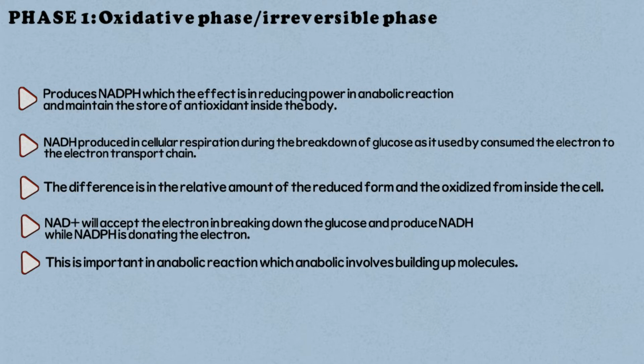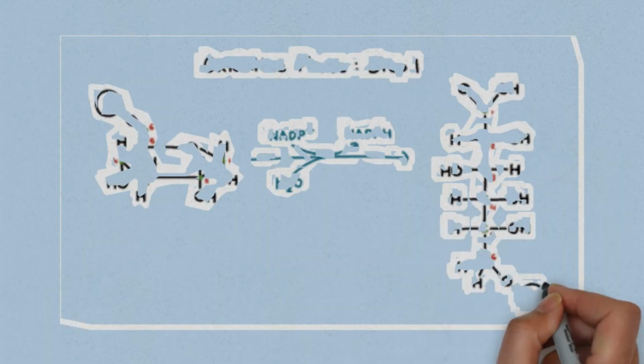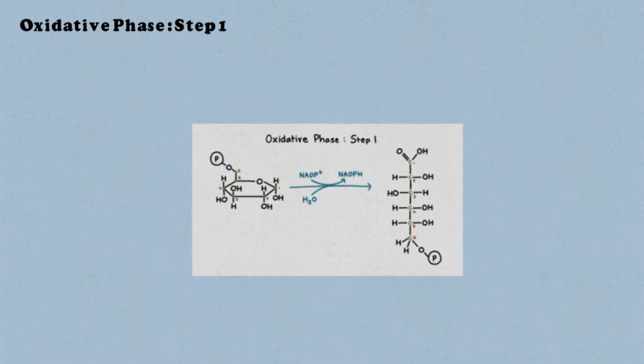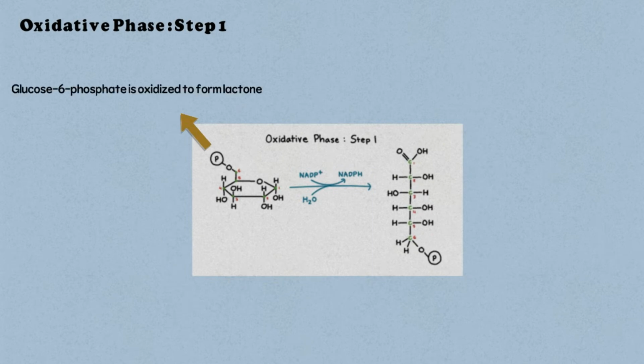NADPH is important in anabolic reactions, which involve building up molecules, for example in the synthesis of fatty acids. There are two steps in phase 1. The first step is dehydrogenation of glucose 6-phosphate to produce 6-phosphogluconate. Glucose 6-phosphate is oxidized to form a lactone and NADPH is produced as a byproduct.